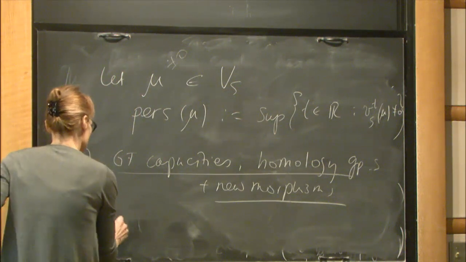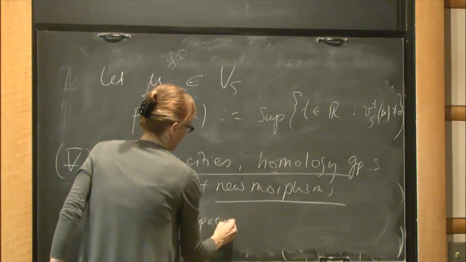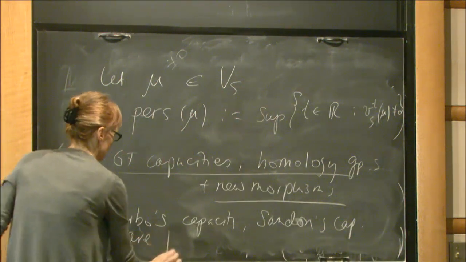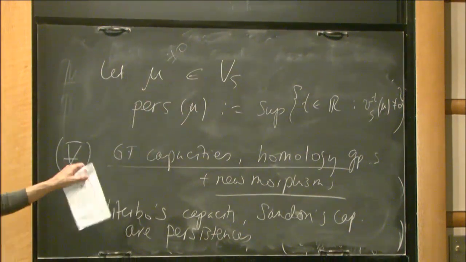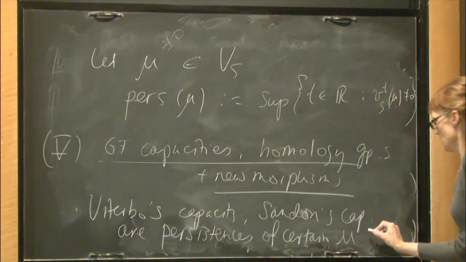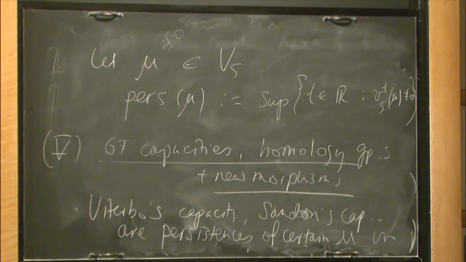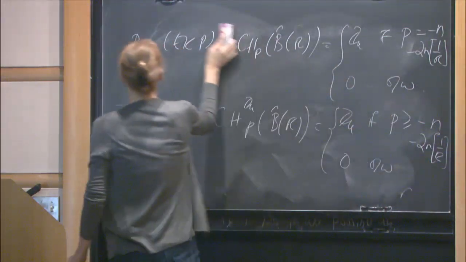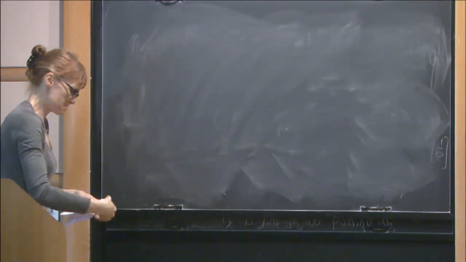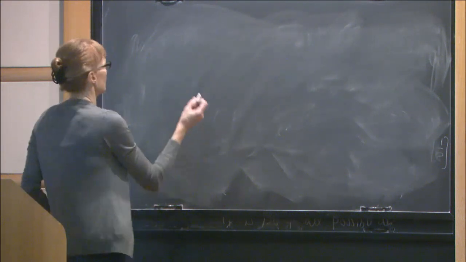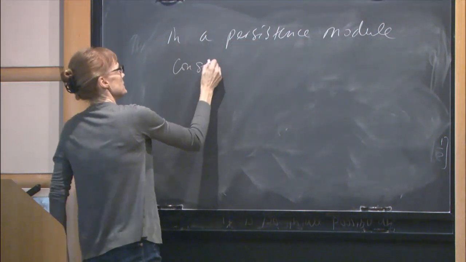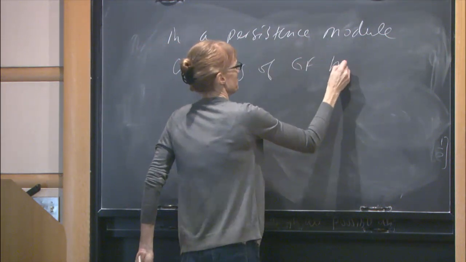First of all, a comment: Viterbo's capacity, which I already mentioned, and Sandon's capacities, for example, are actually persistences of certain classes mu in a persistence module that I will describe here, essentially consisting of GF homology groups.